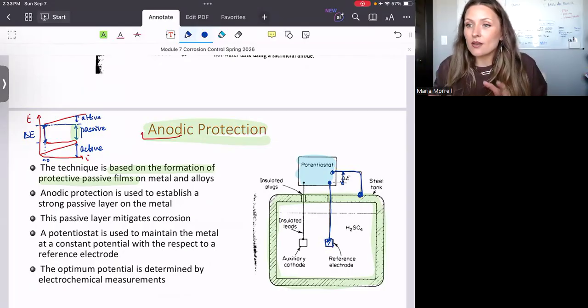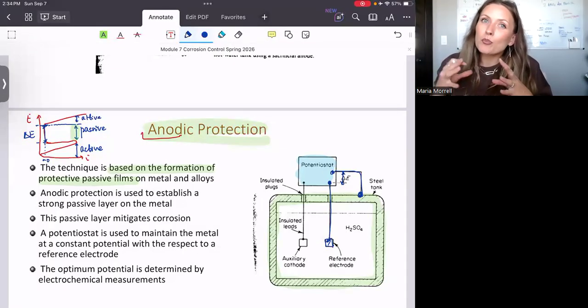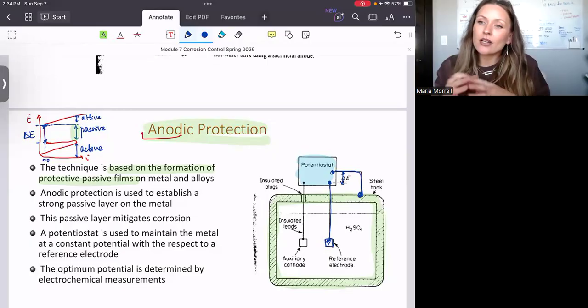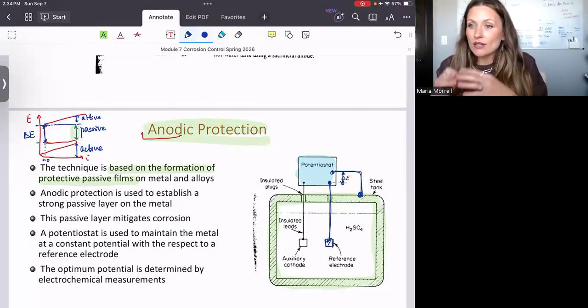What happens is that the material does not corrode because you intentionally gave it a chill pill, and it's chilling there wherever you install it. It does take time to do the measurements properly, and of course it's costly, but once it is set up, you just know that the material will be protected.